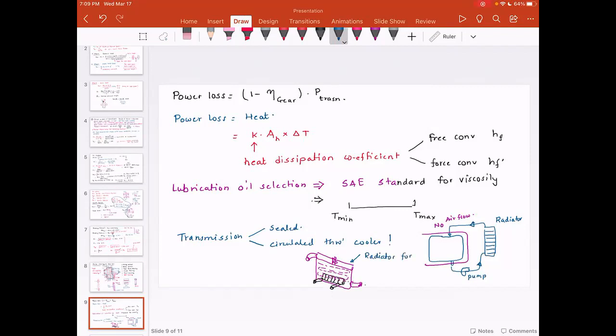So this is the radiator for engine coolant, and you have the cooler. This is again a small radiator, or called oil cooler, for transmission oil.